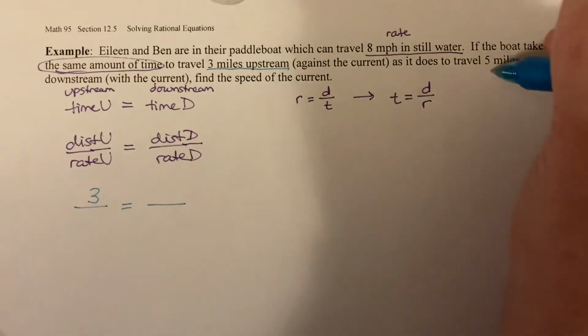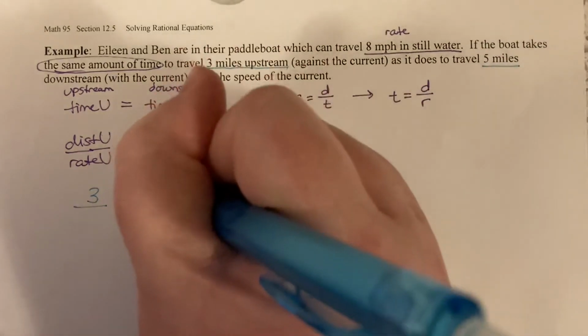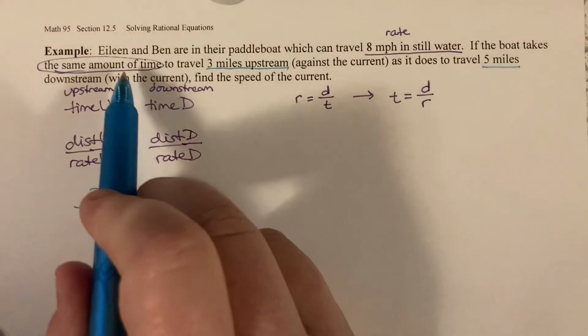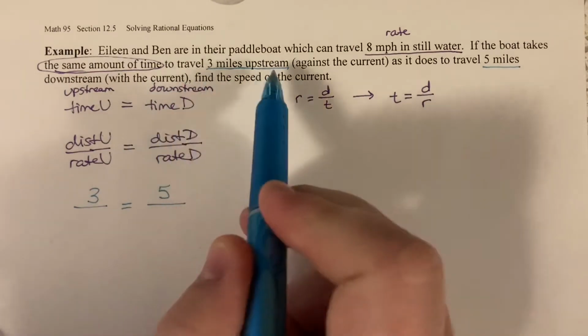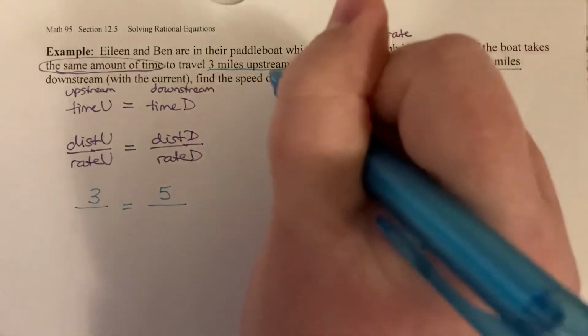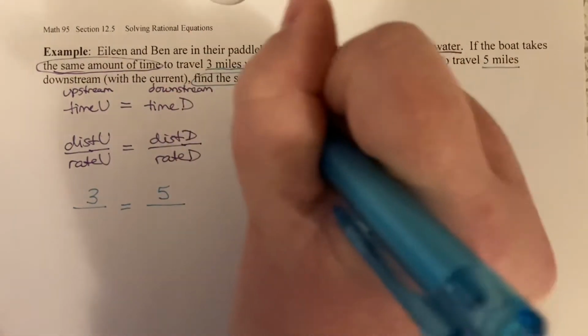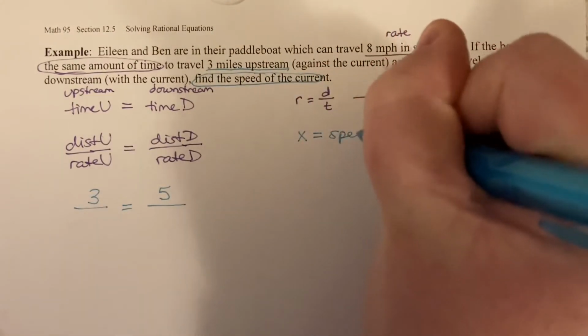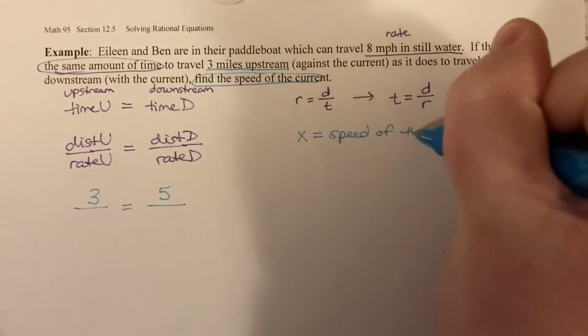As it does to travel 5 miles downstream. So the distance downstream is 5. And that's with the current. Then it says find the speed of the current. So what we're trying to find, that's our x. So x is the speed of the current.